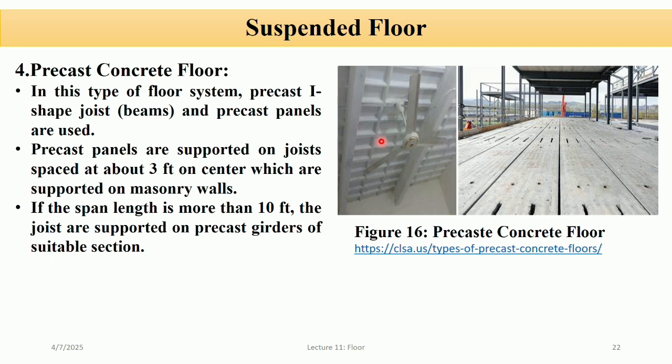So precast I-shaped joists are placed at regular intervals of 3 foot or 900 millimeter center to center, which are supported on masonry walls. So the precast concrete panels are laid over these joists to form the floor surface. So these joists are supported on masonry walls, transferring the load down to the foundation.